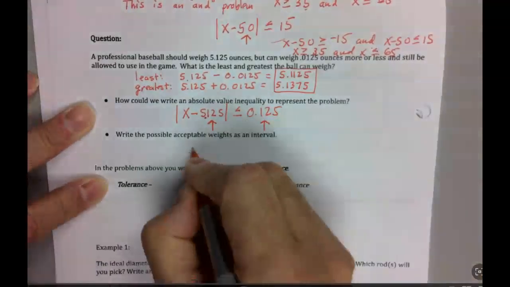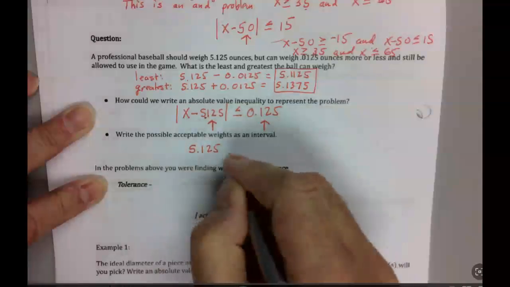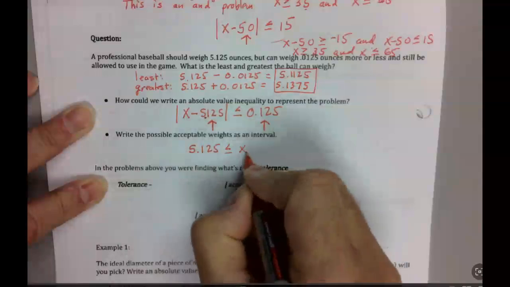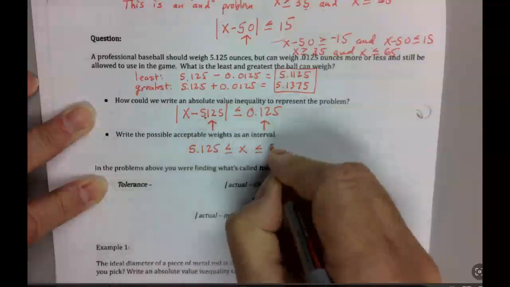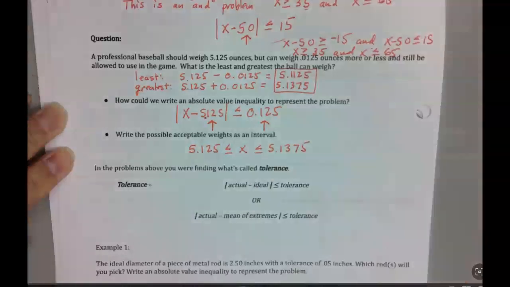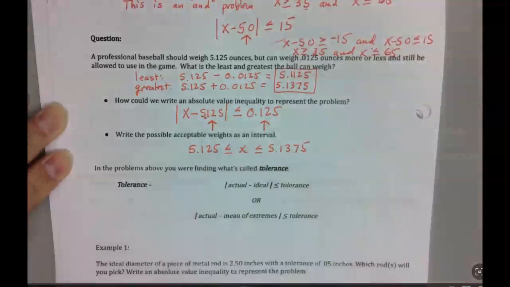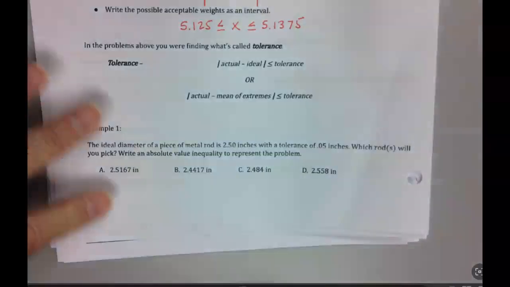So wouldn't it be written like this: 5.125 is less than or equal to x and x is less than or equal to 5.1375. Our bat has to weigh between those two values, yes or no? Correct? Yes or no? See what I'm doing?